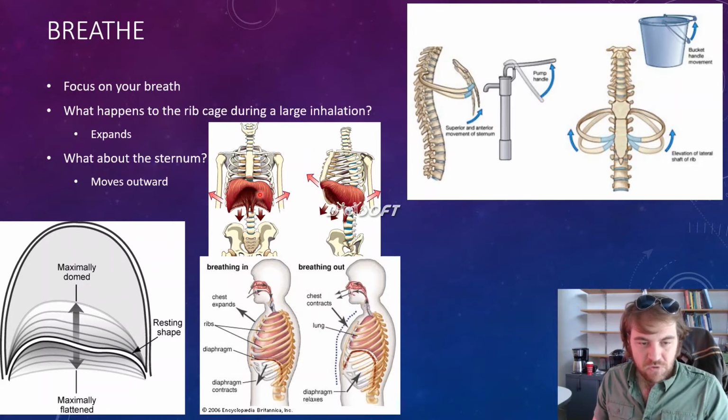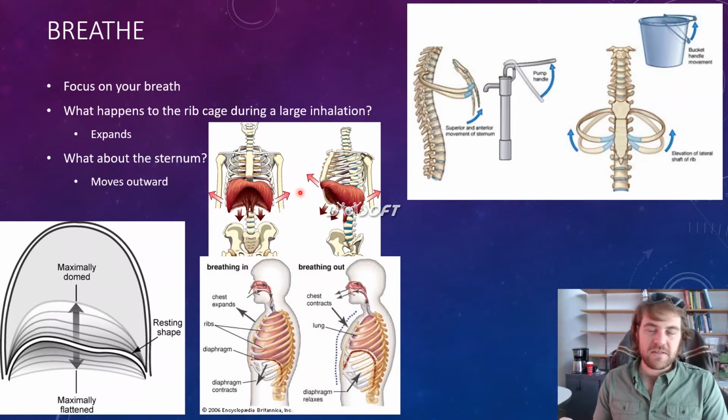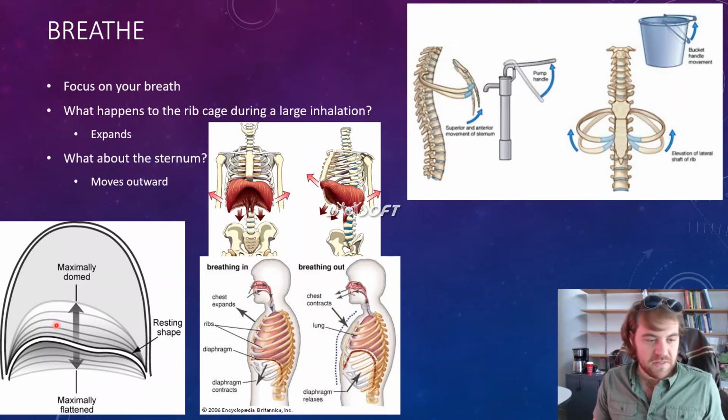When the diaphragm contracts, it pulls down, and that's what these arrows are showing here. The diaphragm is going to pull down, so what that does is create more space. You can see it here also. This is when the diaphragm is completely relaxed. When you breathe in, the diaphragm pulls down.